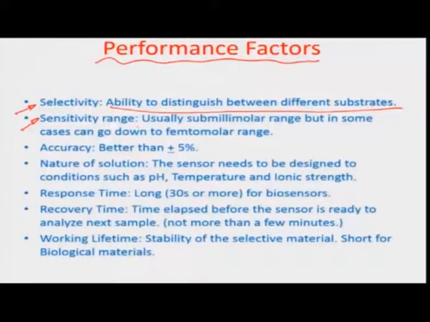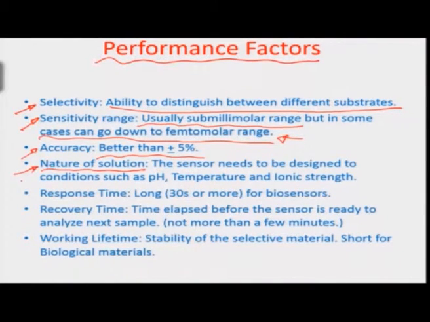Usually a sub-millimolar range is associated, but it can go all the way up to the femtomolar range when we talk about such sensitivity range. There can be a performance factor based on accuracy, how accurate the sensor can be to pick up analytes of trace concentrations. An accuracy better than plus or minus 5% is always considered reasonable accuracy for a sensor to qualify. The nature of the solution is a very critical aspect when we design sensors.